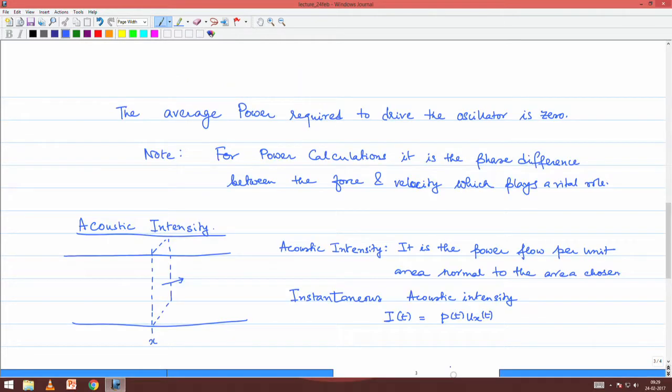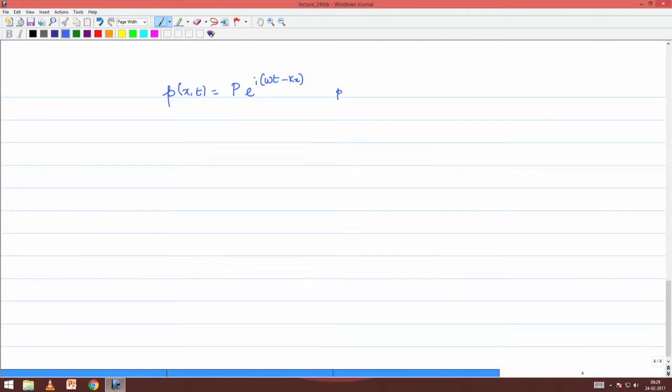And we will call this section x equals 0. So p at (0,t) is going to be P e^(iωt). We are going to take the real part of it, because that is our quantity of interest, right.